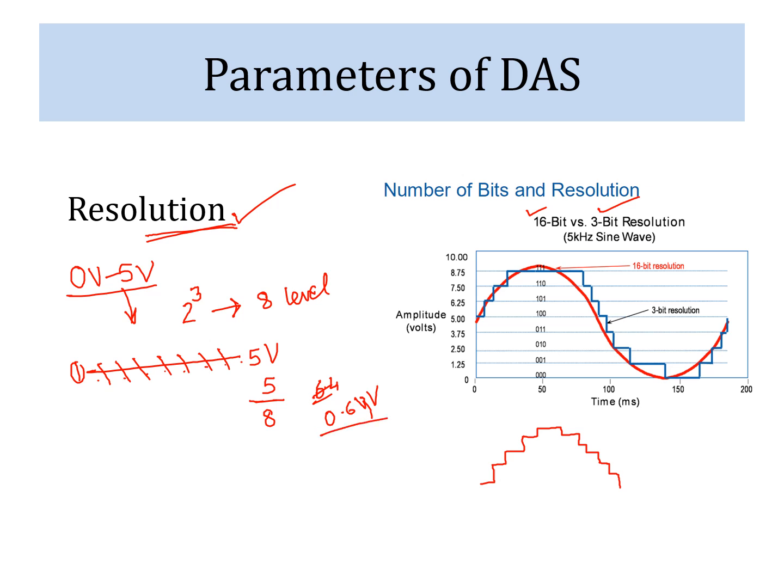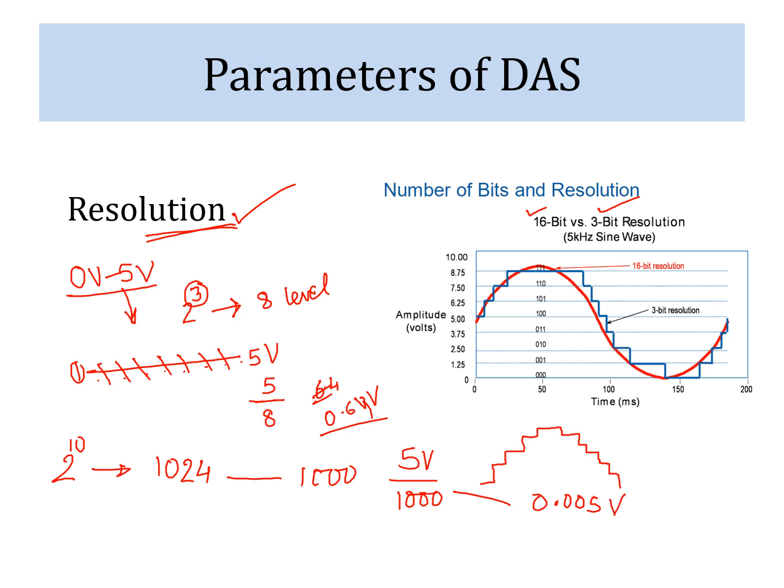If I increase the resolution to 10 bit, instead of 3 bit, we have 2 raised to power 10, which is equal to 1024. On a generalized scale, if I take it as 1000, you can imagine now 5 volt is being converted into 1000 levels, which is almost 0.005 volt.